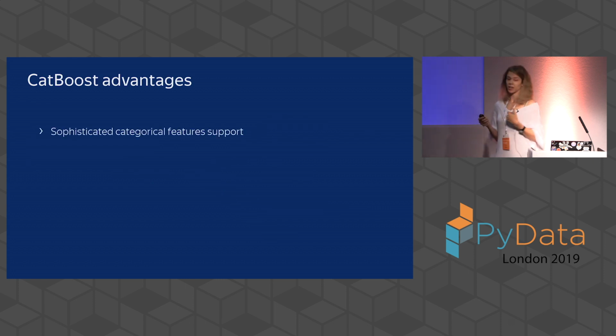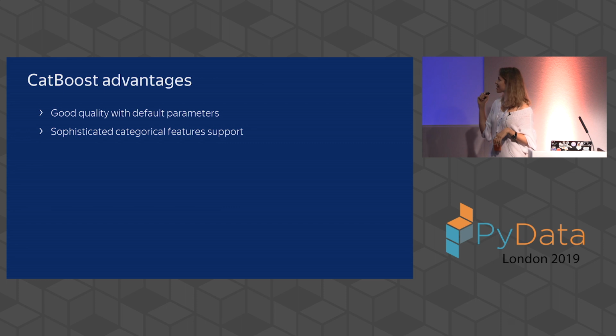Now, the advantages of CatBoost. The first one is categorical feature support. The next thing is something that our users usually tell us is the most important thing about the library: out of the box, without any hyperparameter tuning, you already get a very good result. That is because we are working hard on having good default parameters.